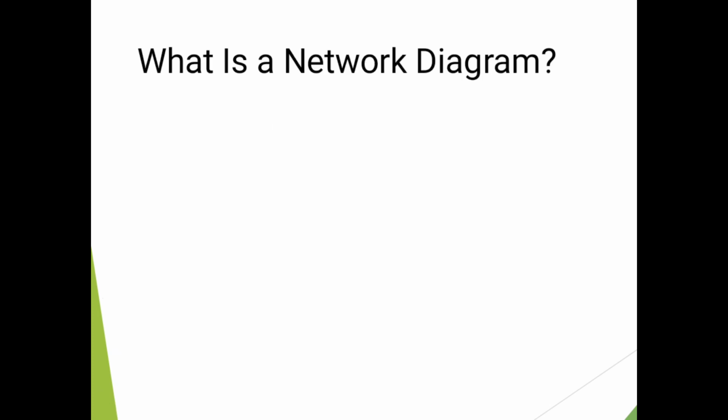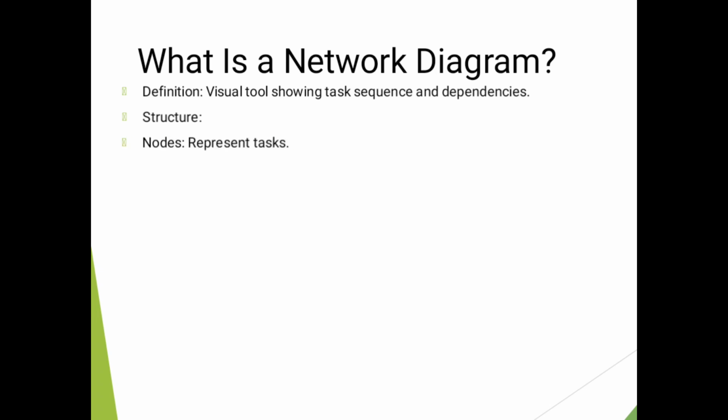Let's move forward and talk about network diagrams. What is this? It is a visual tool showing task sequence and dependencies. Let's look at some of the structures in a network diagram.